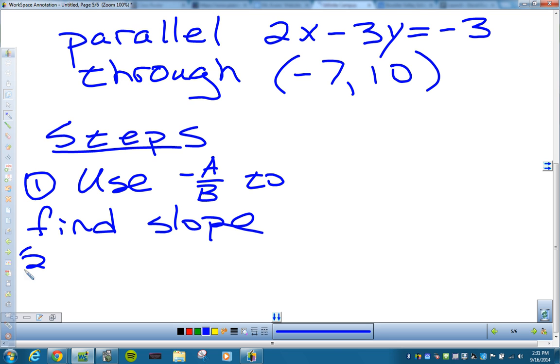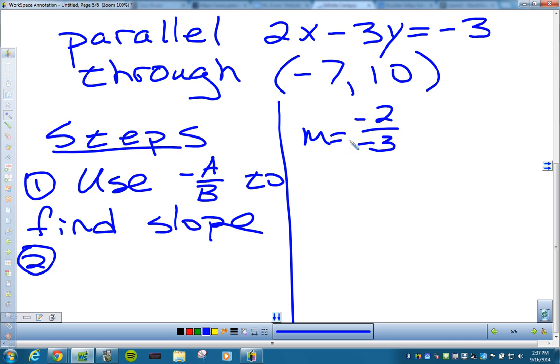Second step, this one said parallel, right? So what are we going to do? It's the same slope. So over here we got our M of -2 over -3, which was 2/3. So that's step one. Step two, we're going to plug in M.